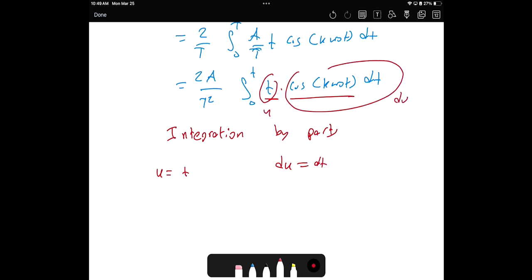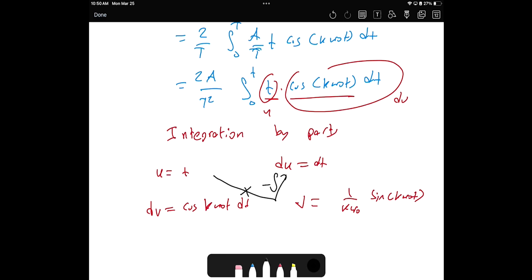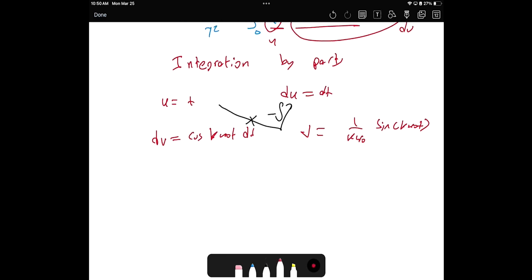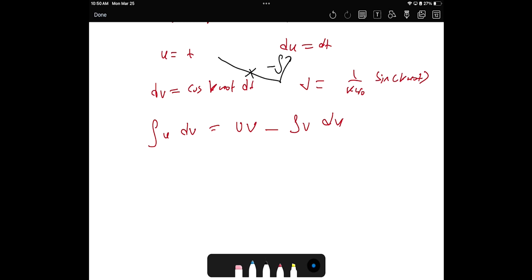Then dv equals cosine k omega naught t dt. Therefore, v will be the integral of it, which is 1 over k omega naught sine k omega naught t. Then, integration by parts: the integral of u dv equals u times v minus the integral of v du.